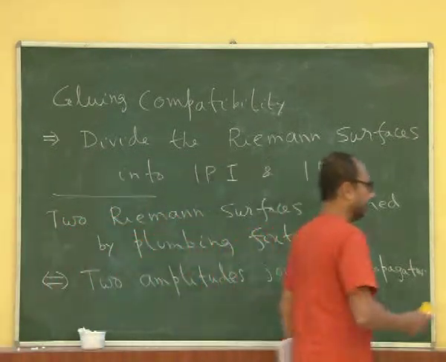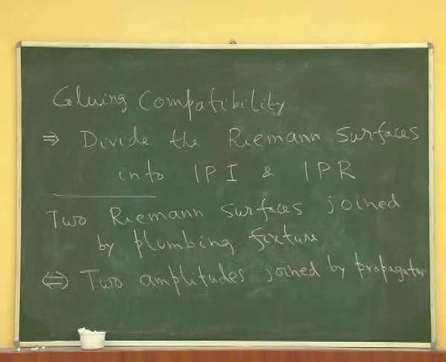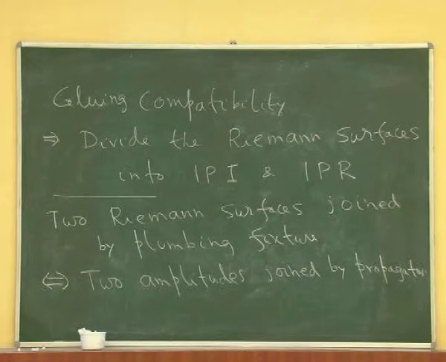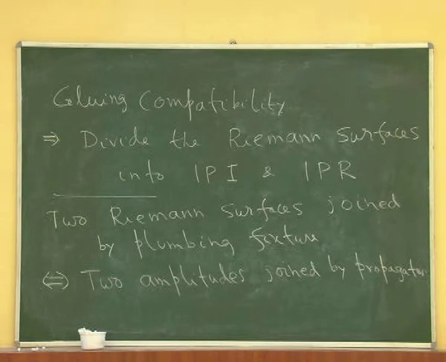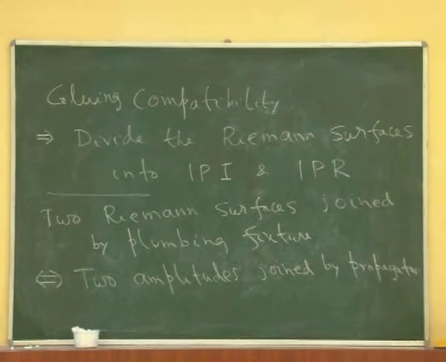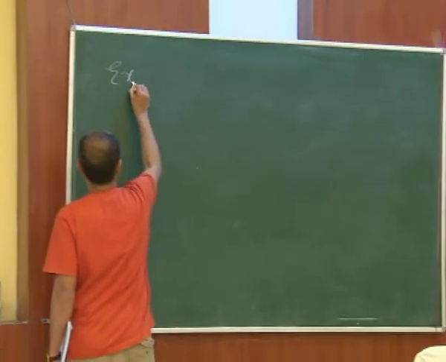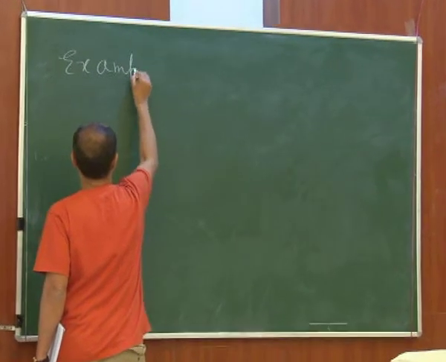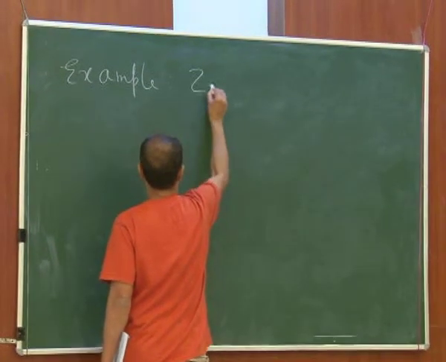The example that I will be dealing with is the two-point function, because after all that is what we need for mass renormalization, and then the S matrix later.